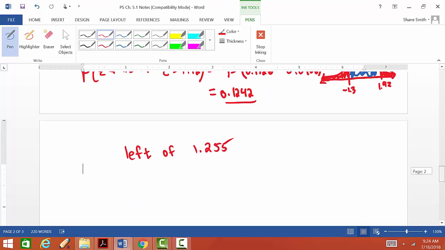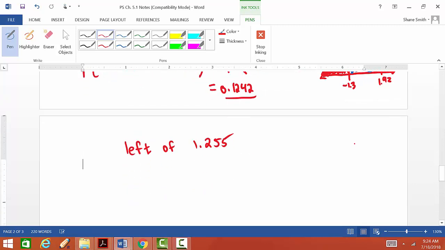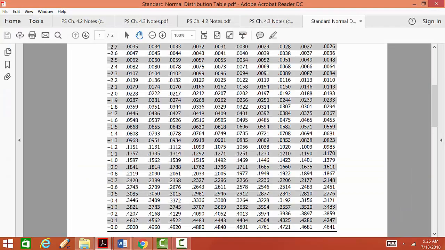Well, if I look up 1.255, this isn't in the table, right? Because the table only is accurate to 2 decimal places. So what you do is you look up the area 1.25, you look up the area 1.26, and then you average them. And this will only occur if the third decimal is a 5, because that is right in between 1.25 and 1.26.